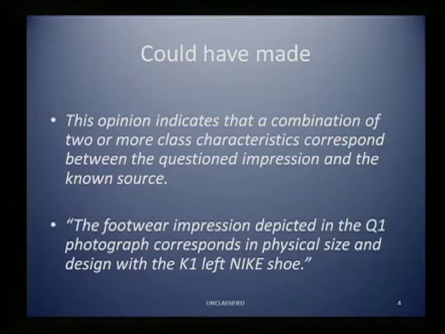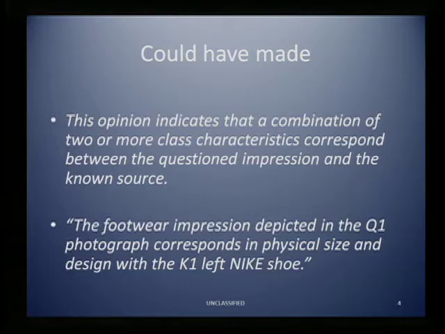In the way that I write a report, in a "could have," we have a scale from an identification to an elimination, and we also have a phrase "could have made." So when I say that the shoe could have made a particular footwear impression, what I'm looking at is a combination of at least two class characteristics that I can see in common between the questioned impression and the known shoe.